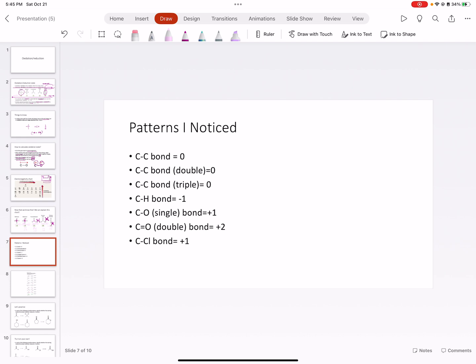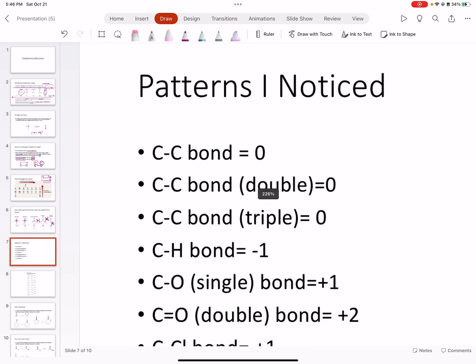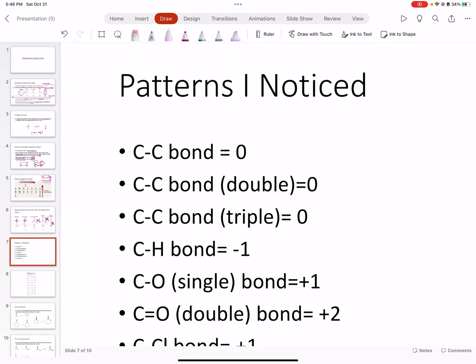There's also some patterns that you can technically notice. So then, for example, let's play carbon-carbon bonds. Like we said, this is about electronegativity, and a carbon is not more electronegative than another carbon. Therefore, they're gonna count as 0. They don't count as +1, -1, nothing.